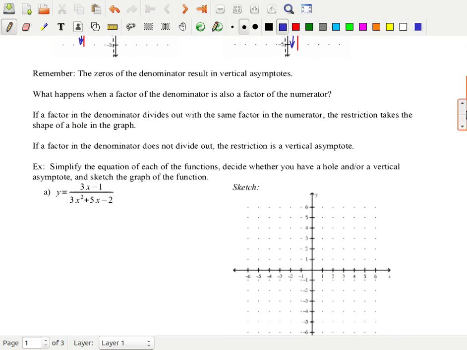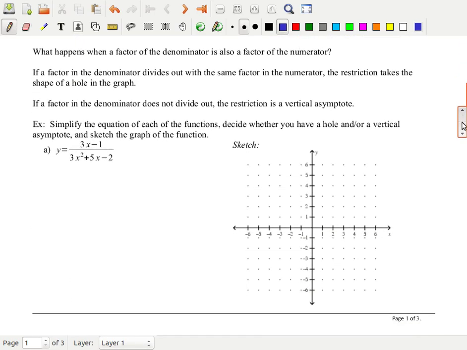Now, let's go on to our next example. What's the next thing we want to consider? What happens when a factor in the denominator is also a factor of the numerator? So in other words, you're going to be able to divide out factors between the numerator and denominator.